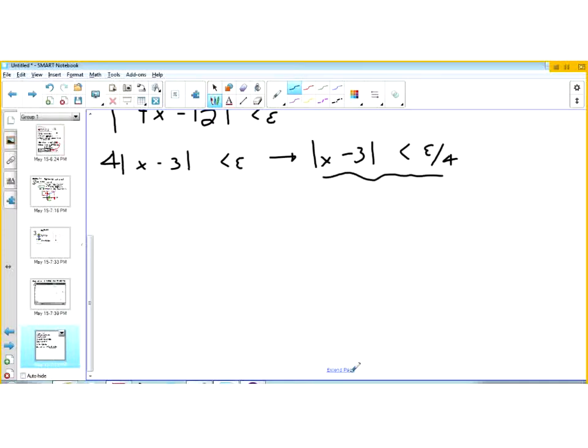Okay. So here's how we can verify the correctness of the proof. Here is the check. I think there may be a WebAssign problem or two that asks you to check this result.